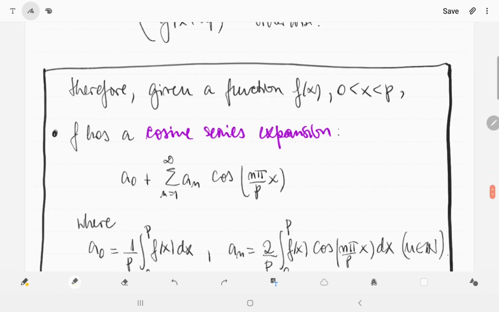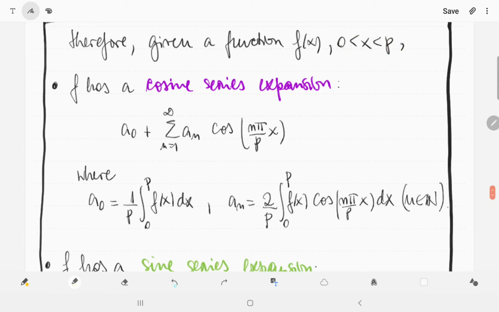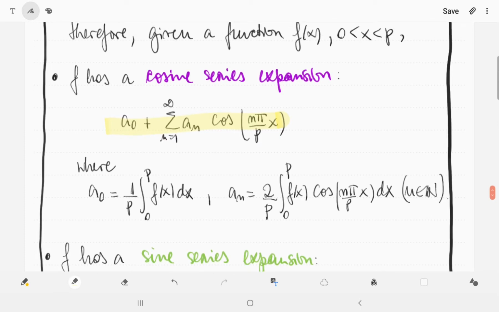Okay, so given a function f defined in the interval (0, p), f has a cosine series expansion given by this expression, where we know how to compute these coefficients since we saw in the second part of the lecture how to do it when we are working with an even function. And this is called the cosine series expansion of f.